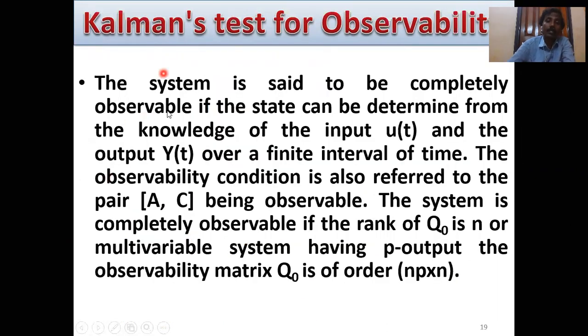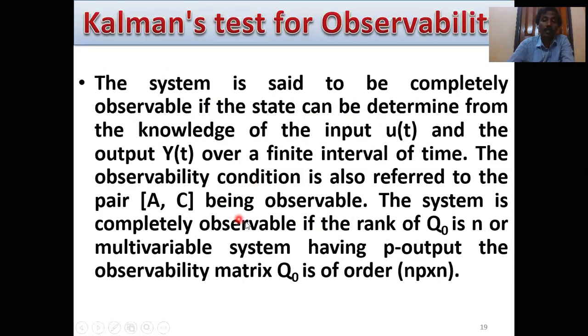The system is said to be completely observable if the state can be determined from the knowledge of the input u of t and the output y of t over a finite interval of time. The observability condition is also referred to as the pair A and C being observable. The system is completely observable if the rank of Q0 is n.